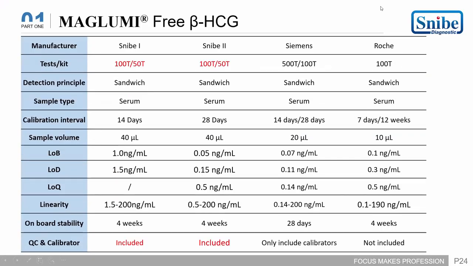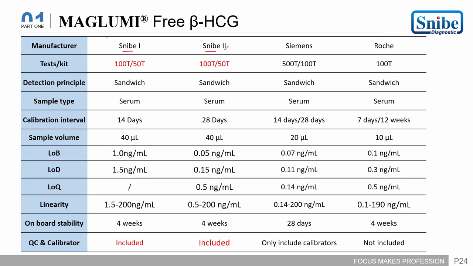If we compare the SNIBE free beta HCG with the other competitors, we have two generations, the SNIBE first generation and the second generation.